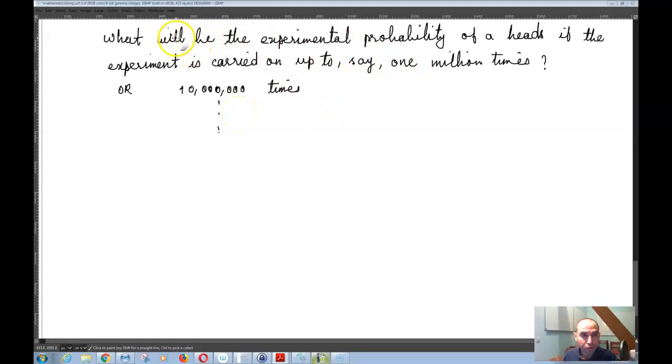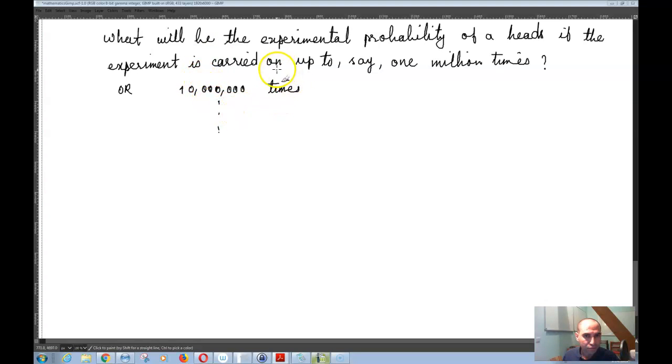So basically, to answer this question, what will be the experimental probability of a heads if the experiment is carried on up to say 1 million times or 10 million times or 100 million times or 1 billion times, and so on.